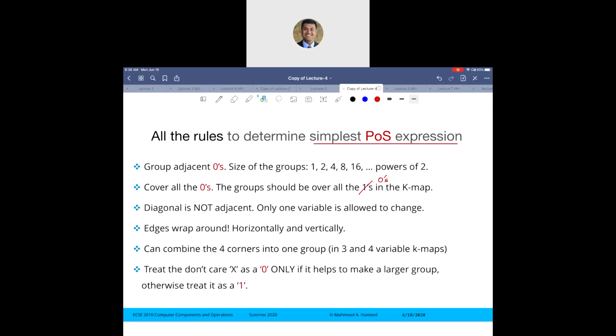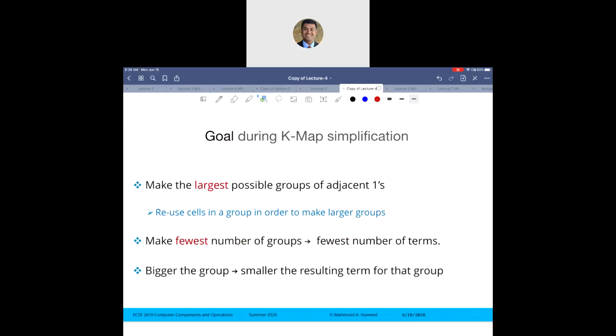So those are the rules. And while you are applying all these rules, you need to keep these things in mind. So the goal during K-map simplification should be to make the largest possible groups of adjacent ones or zeros, depending on SOP or POS.